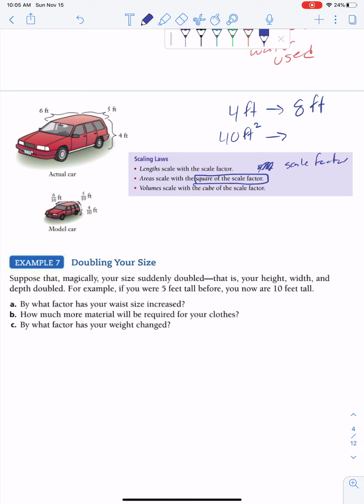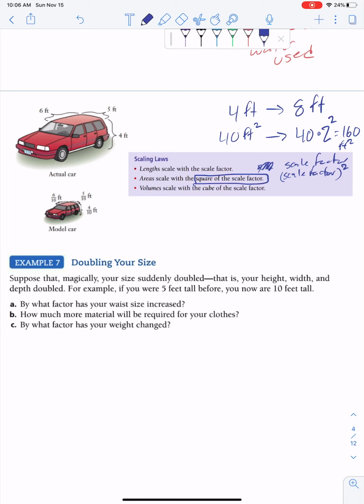Areas, you have to times by your scale factor squared. So if my scale factor was 2, to find my new area, I have to take 40 and times it by 2 squared, which is 40 times 4, which is 160 feet squared.